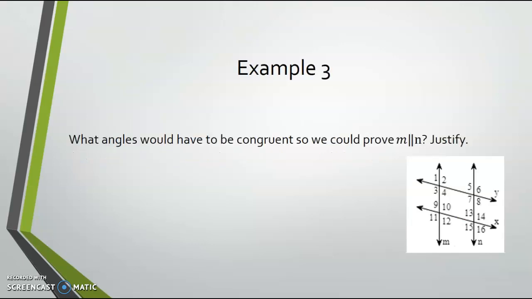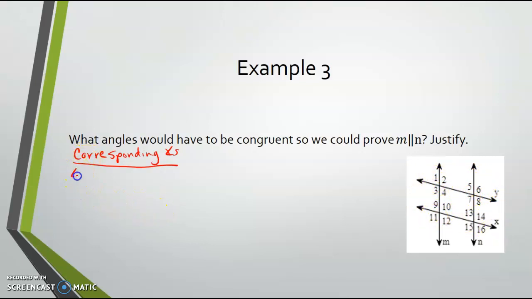Alright, so example 3: what angles would have to be congruent so that we can prove M is parallel to N, and then we have justify. So basically, there's a lot of angles that we can use. We can start with our corresponding angles. This is going to be our simple justification. And so our list for corresponding angles to prove that M is parallel to N. I'm going to just focus on the transversal Y and ignore transversal X for now.